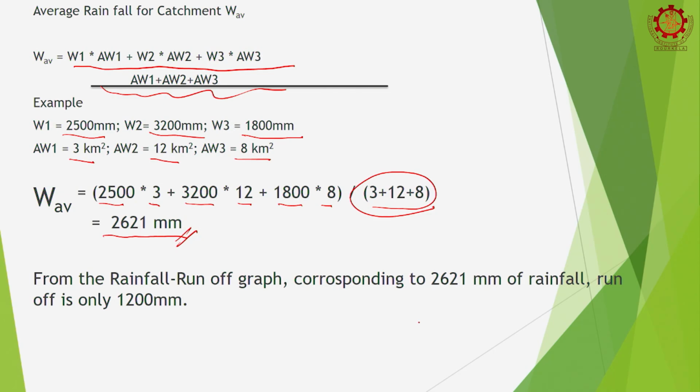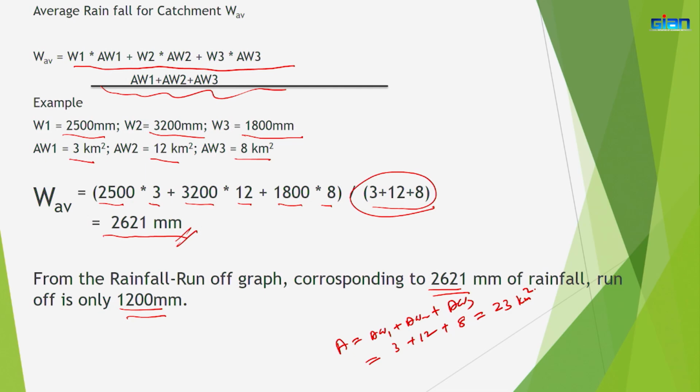Corresponding to 2600 millimeters rainfall the runoff is 1200, and my total area of the catchment is AW1 plus AW2 plus AW3, which happens to be 3 plus 12 plus 8, that is 23 square kilometers, right.